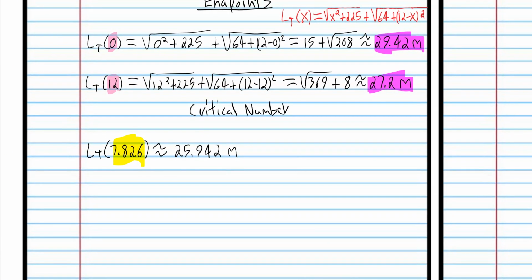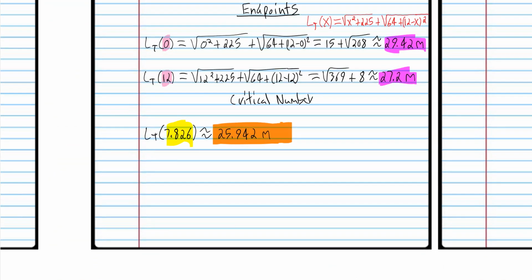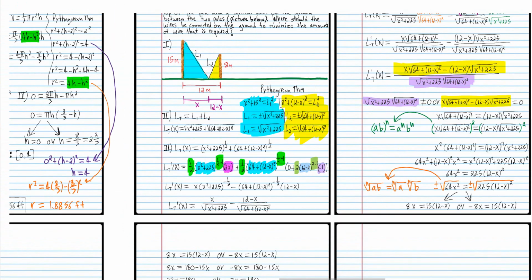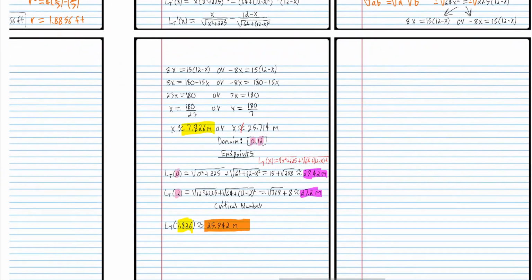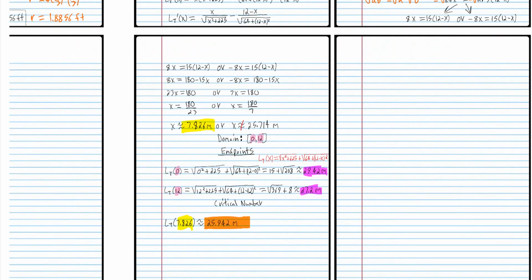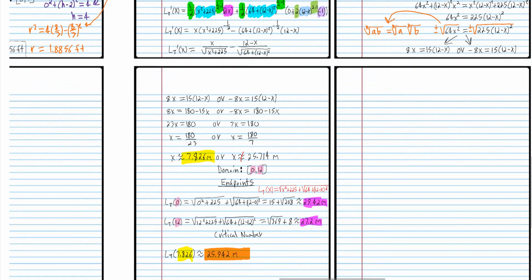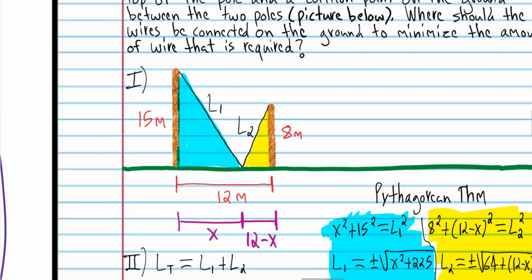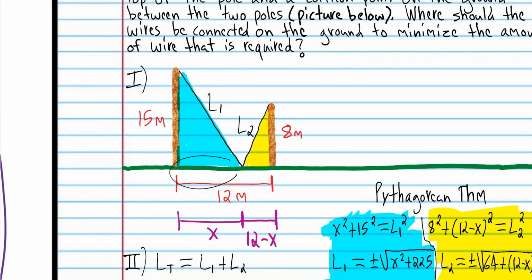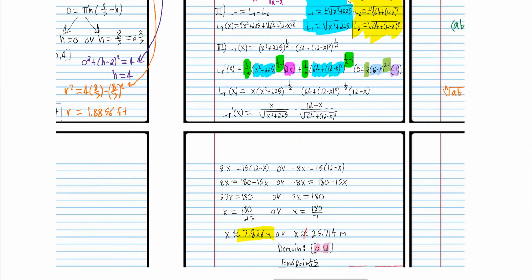So we need to connect the wires at, see this yellow 7.826. We need to connect the wires 7.826 meters from the tallest pole.